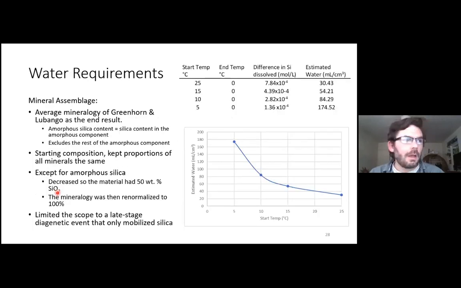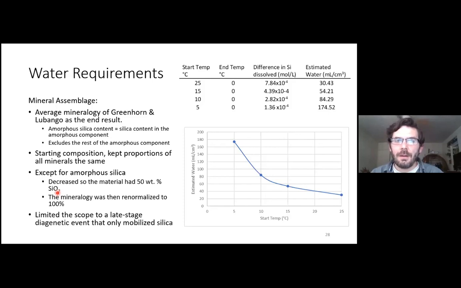Continuing down, all right, so I did some geochemical modeling to try to get an idea of what's going on here. For the mineral assemblage, we used the average mineralogy of Greenhorn and Lubango, and we assumed the amorphous silica content was equal to the total silica content within the amorphous component.